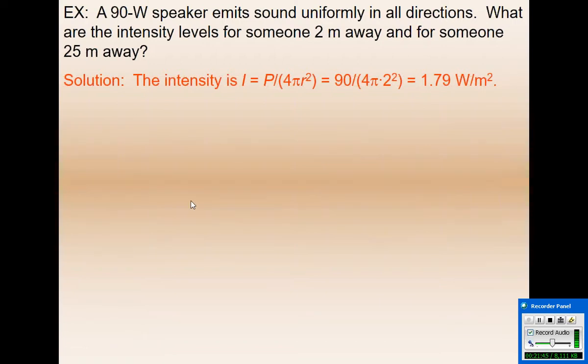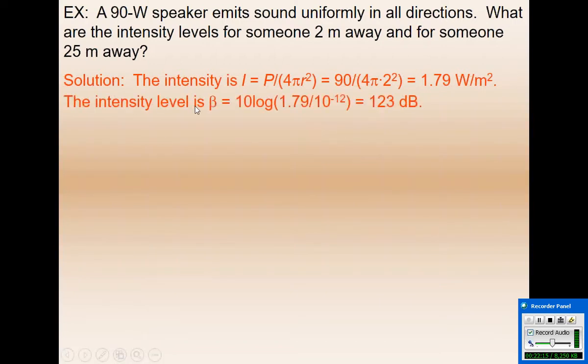Let's find the number of decibels. Beta, the number of decibels, is equal to 10 times the log base 10 of 1.79 divided by 10 to the negative 12. Take 1.79 divided by 10 to the negative 12. Take the log of that result, multiply by 10. I hope you get 123.